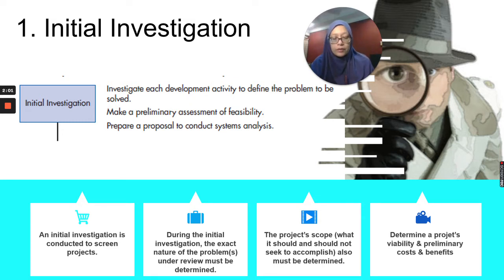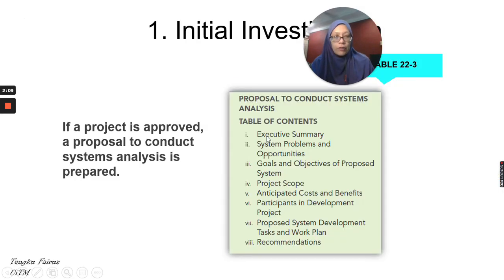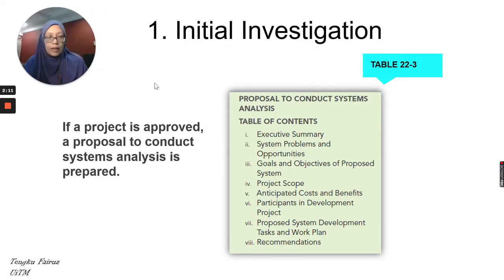The proposal to conduct this system analysis is prepared for an approved project. You can refer to table 22.3. It refers to the table of contents for reports on the proposal to conduct the system analysis for Shopper's Mart.